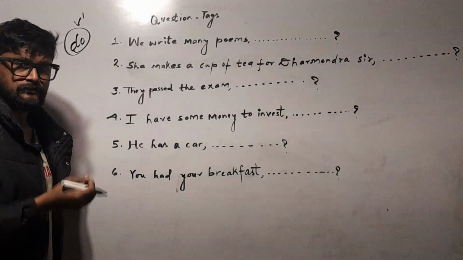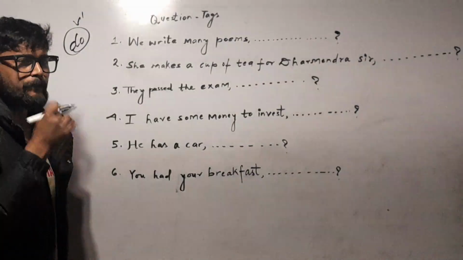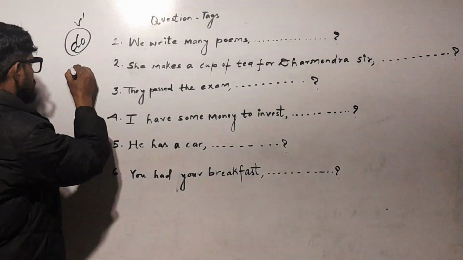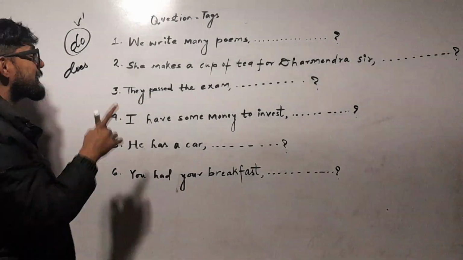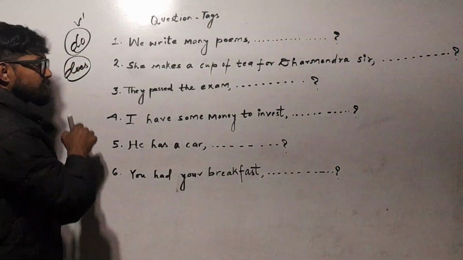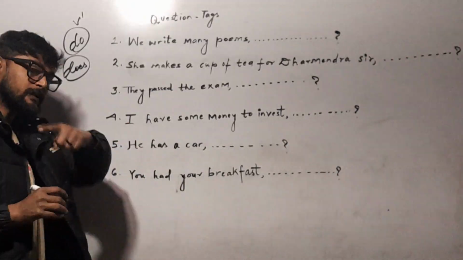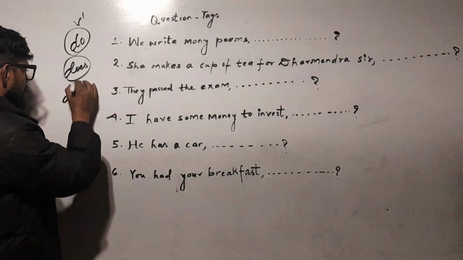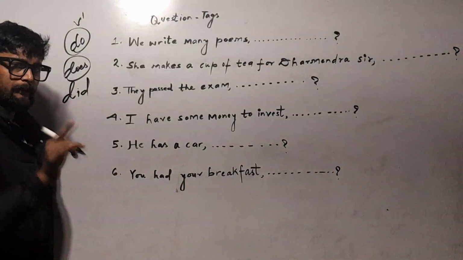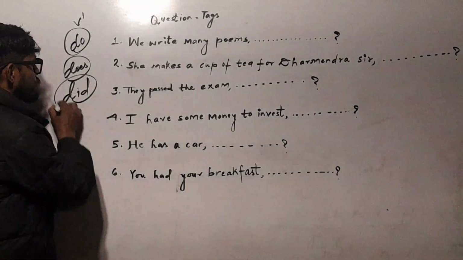When we get verb 5 in sentences, we must use does, because it is what? Verb 5. When we get verb 2 in sentences, we must use did, because it is verb 2.